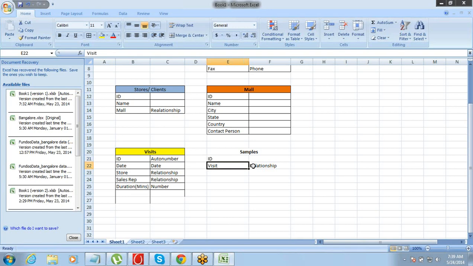Put the ID, and the visit on which the samples were given. But the problem here is that if I connect it with a product, again it will be connected to one product only, right? So it's not doing anything better than tracking it here.